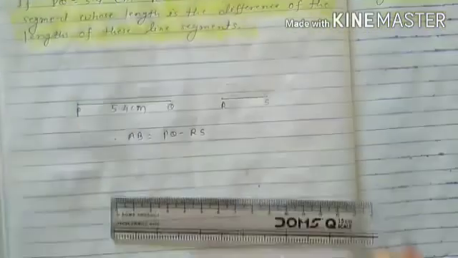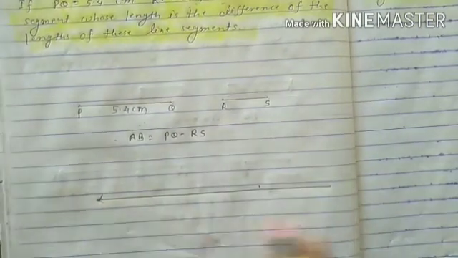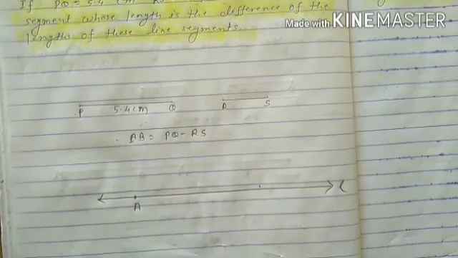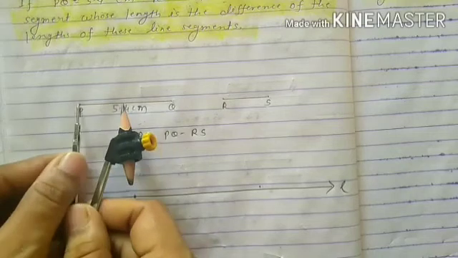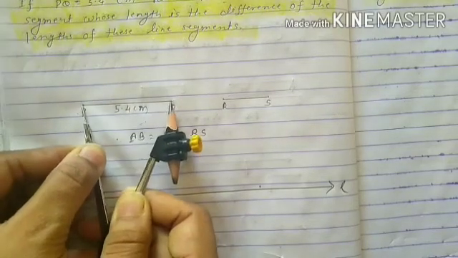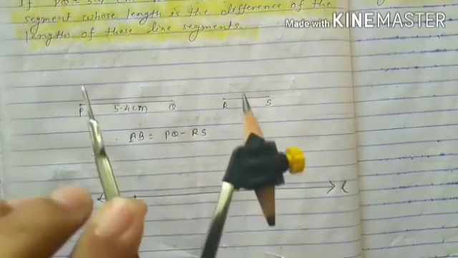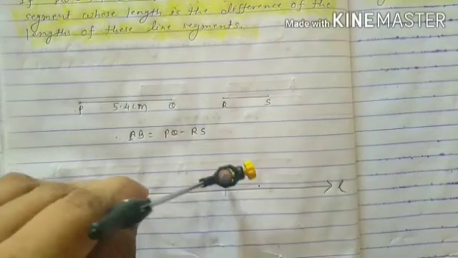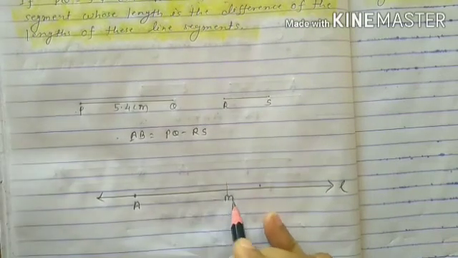For this, draw a line L. Take a point A on it. Now open your compasses and keep the metal end at point P and pencil point at point Q. Without disturbing it, keep the metal arm at A, draw an arc and give it the name M.